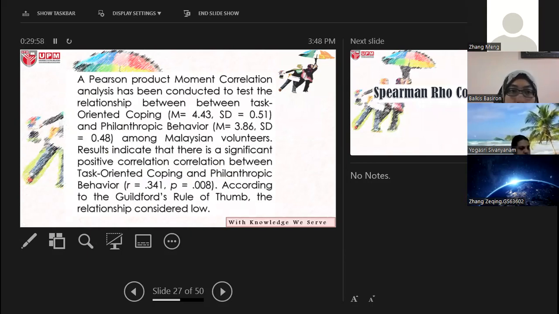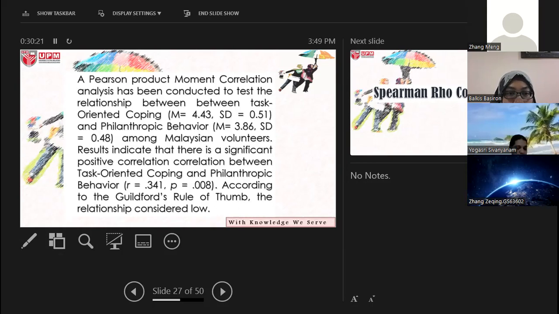A Pearson product moment correlation analysis has been conducted to test the relationship between task-oriented copying, mean equals 4.43, standard deviation 0.51, and philanthropic behavior, mean equals 3.86 and standard deviation 0.48, among Malaysian volunteers.